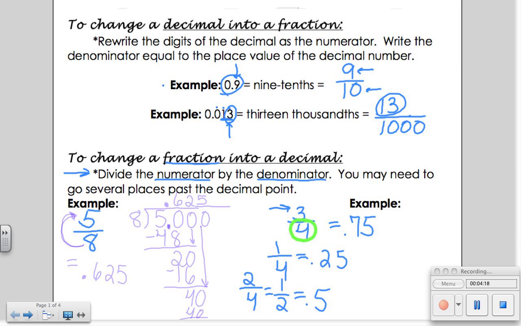And if you didn't know those, you could still do the same method, dividing the denominator into the numerator, and you would still get the same decimal equivalent.